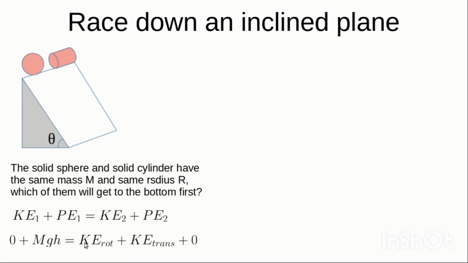So let's see the expressions for the rotational and translational kinetic energy. We have mgh equal to half of the moment of inertia I times the angular velocity squared, plus half of mv squared, right? Okay, so let's see.